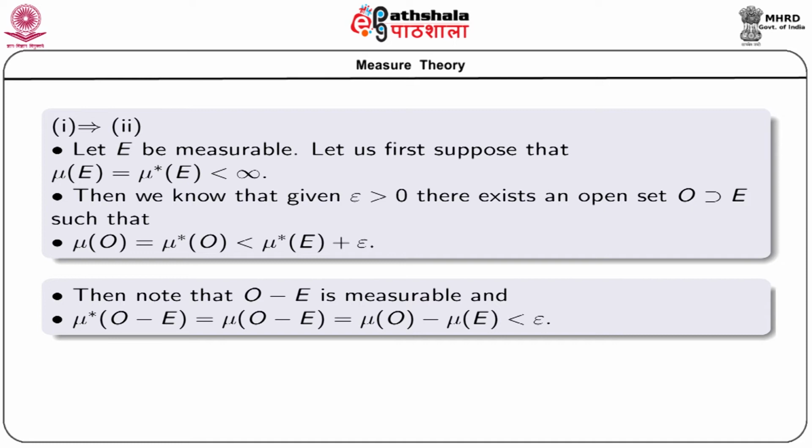So, mu of O minus E becomes mu O minus mu E, and this is less than epsilon, which comes from the above inequality.